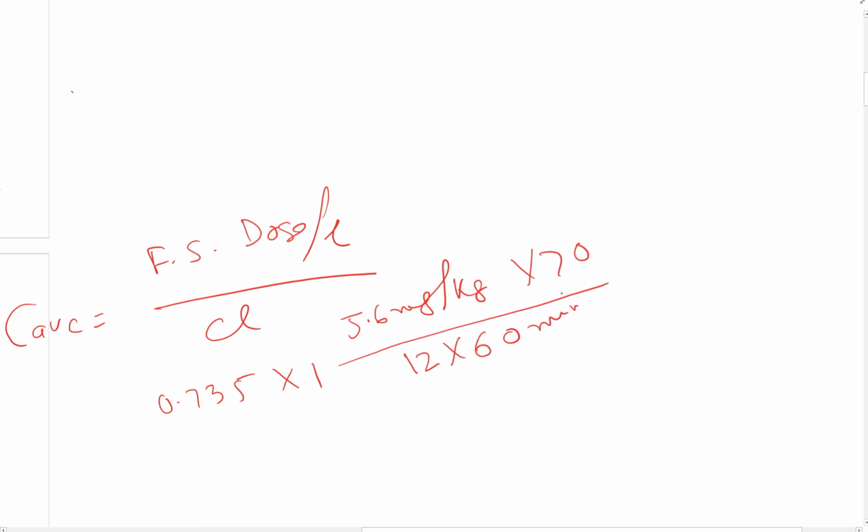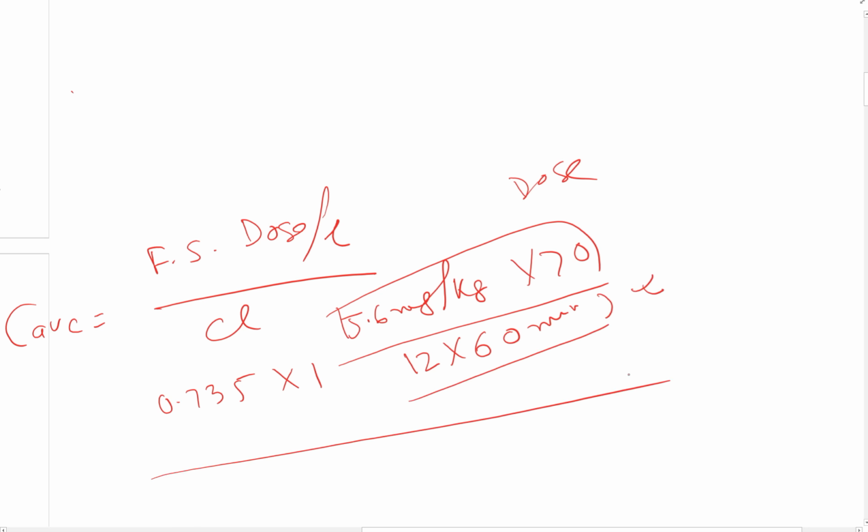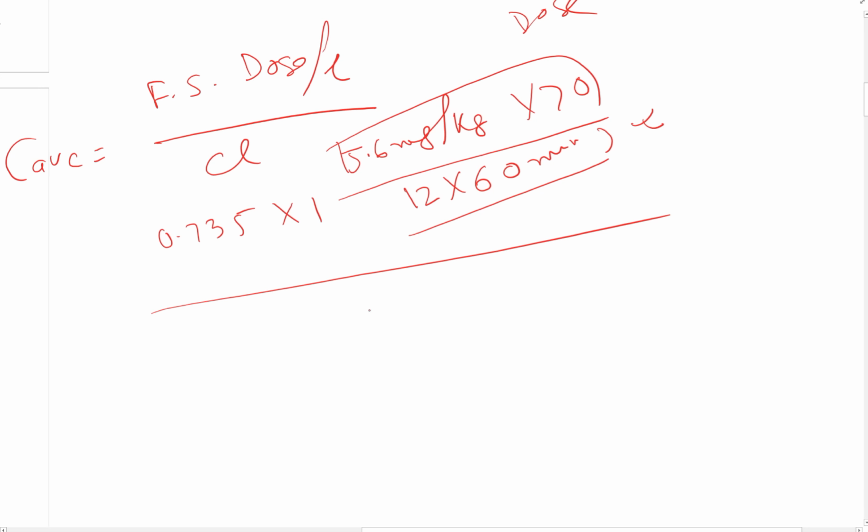So this is your dose, and this is tau, divided by CL, which is 99.4 milliliter per minute.